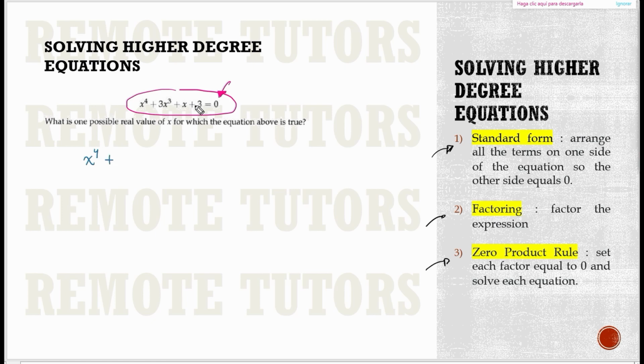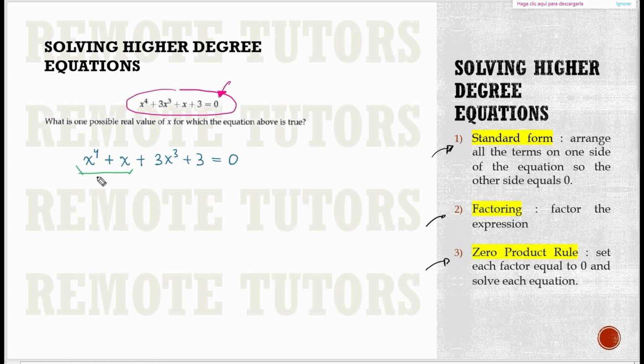I will rearrange this and write it down as x to the 4th power plus 3x cubed plus x plus 3 equals 0 because I want to apply factoring by grouping.